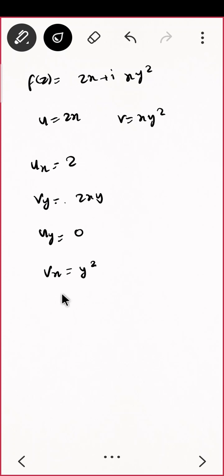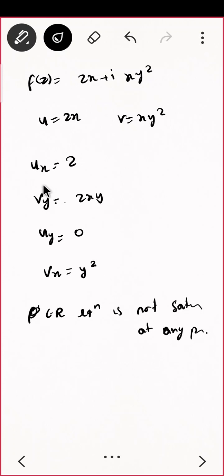Now do you see I can conclude that the derivative does not exist at any point? That means the CR equation is not satisfied at any point. Can I conclude that?